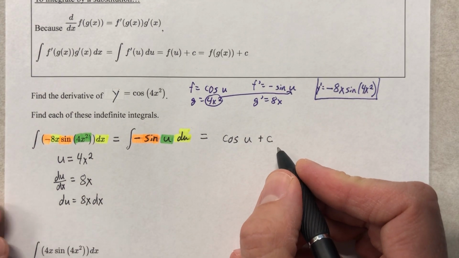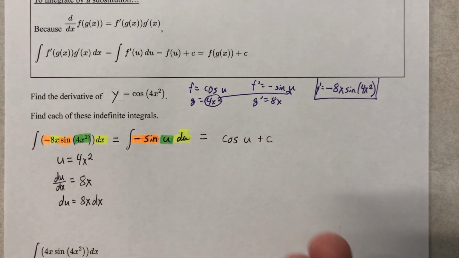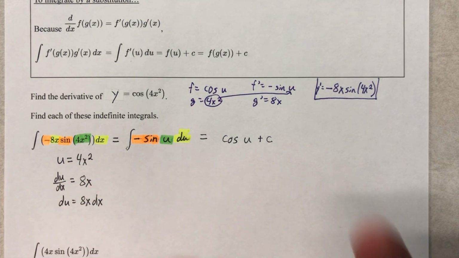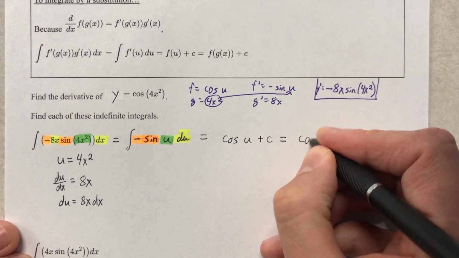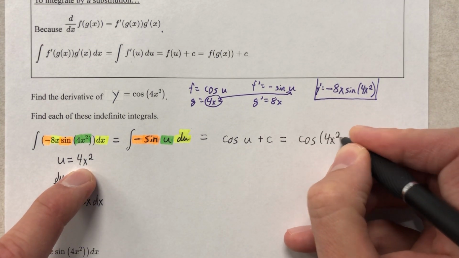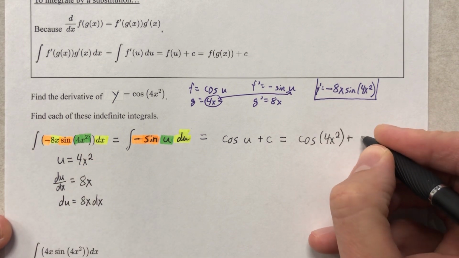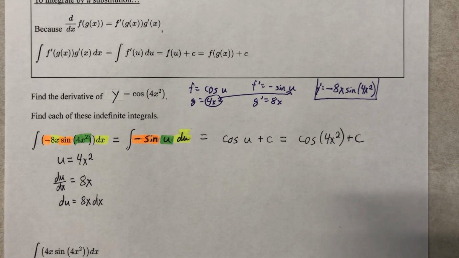Well, I don't want my final answer to have u's in it anymore. The u substitution that we're using is a way to account for every little thing in the process. And so final answer might be the last thing I write with this ink pen. Cosine of u, which is 4x squared, and then plus c. It might have a little life left in it, I don't know.